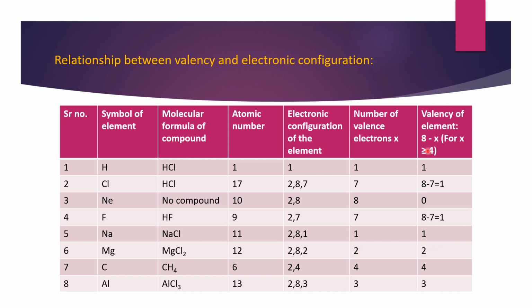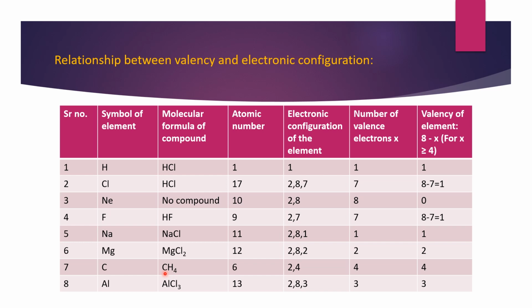It is not necessary to subtract from 8. If it were greater than 4 we would have subtracted, but since it's 2, we keep it as it is. So the valency of magnesium is 2 and the valency of chlorine is 1. That's why the compound is MgCl2.